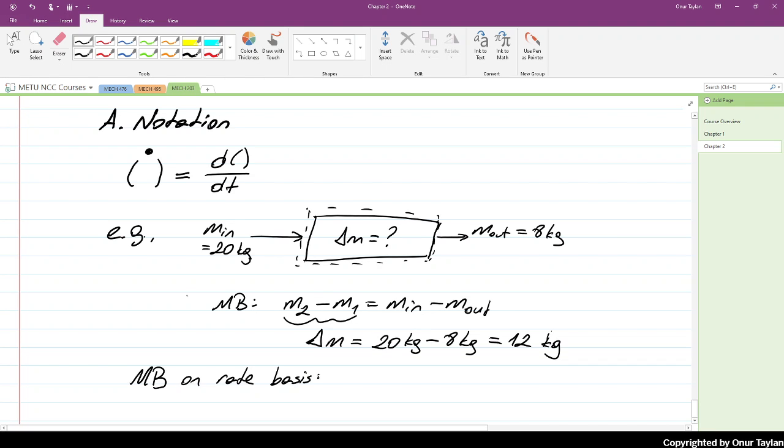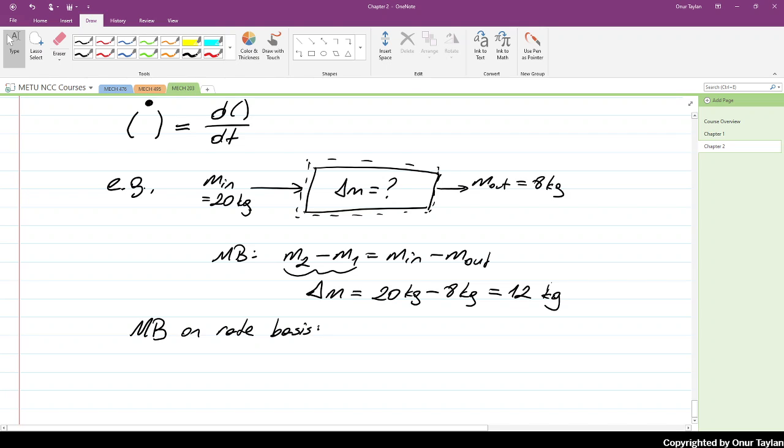So delta m is m in minus m out, right? What we do is we divide all the terms by delta t, where delta t is the duration of the process, if you wish.